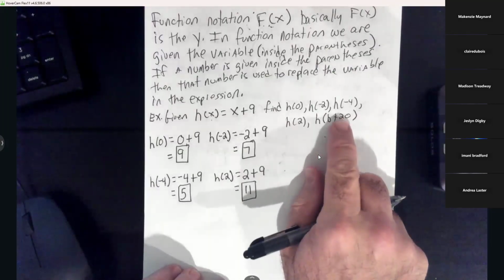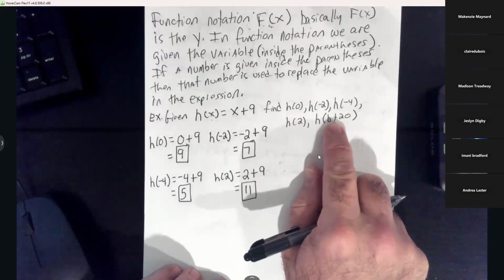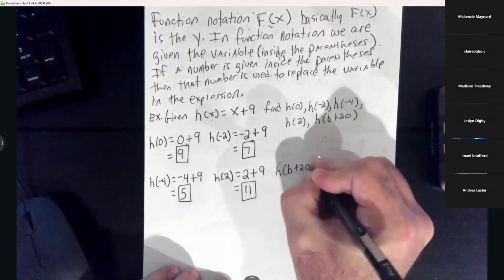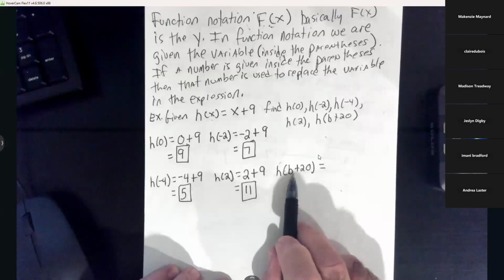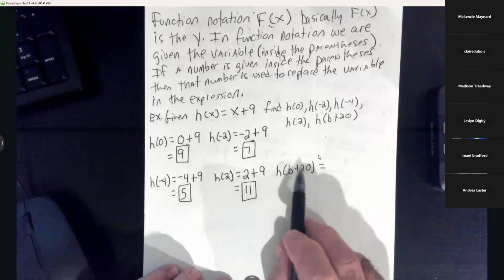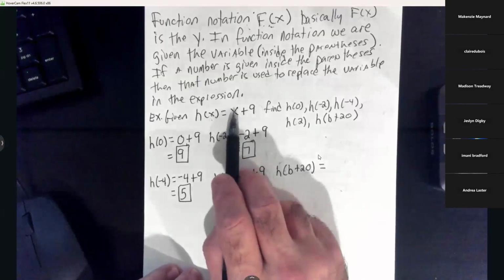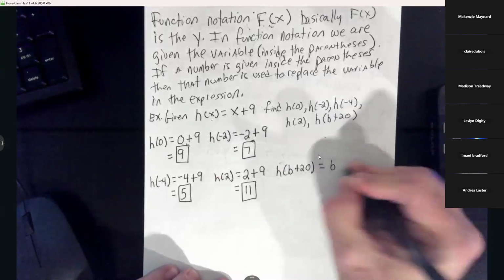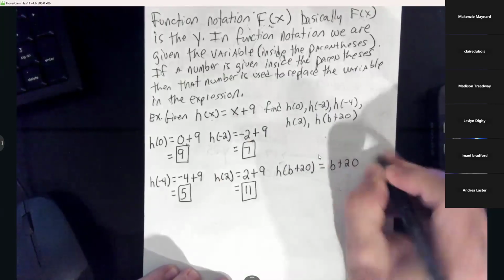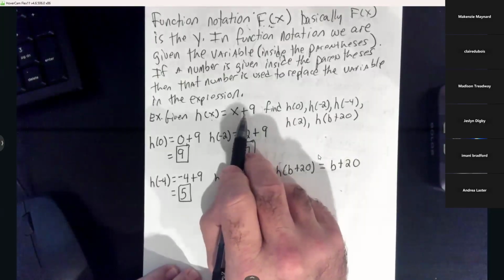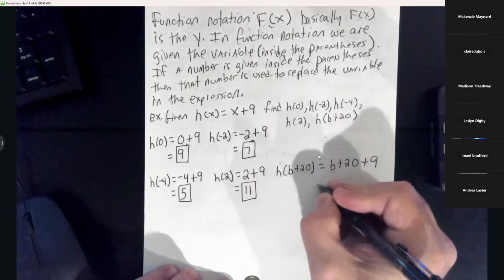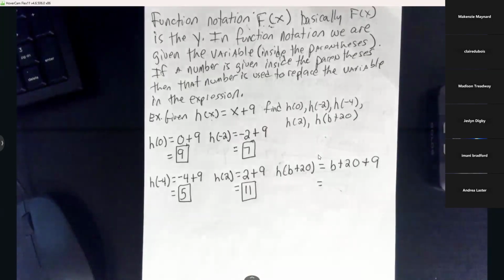So let's see what y'all do to this one. That is the h of b plus 20. Since that b plus 20 is inside the parentheses, that b plus 20 will go in for that x. So you're going to have b plus 20, that's the x, and you still got plus 9 on that. What can you do to that?